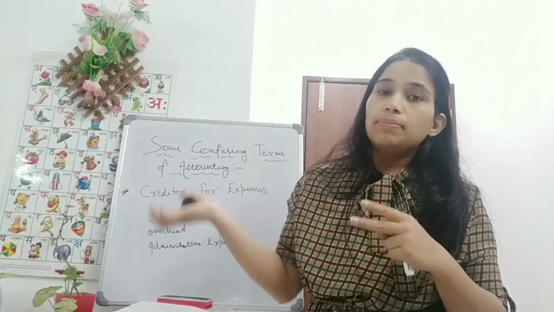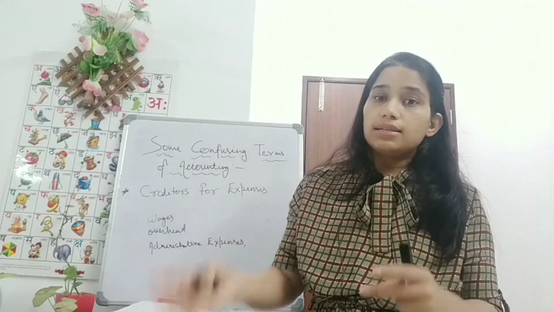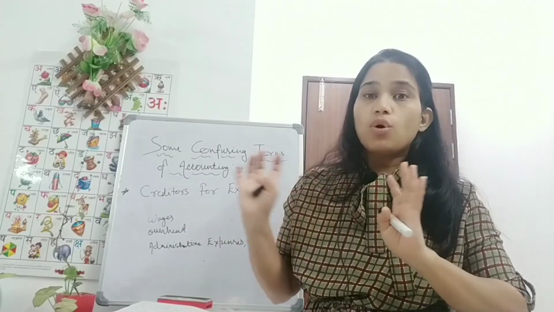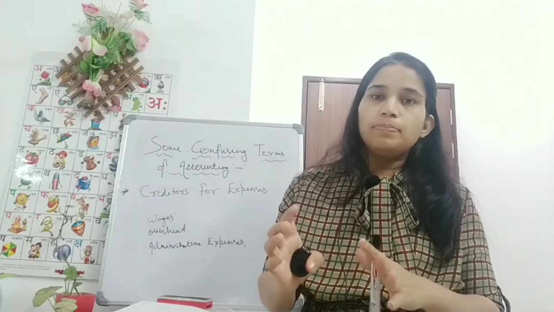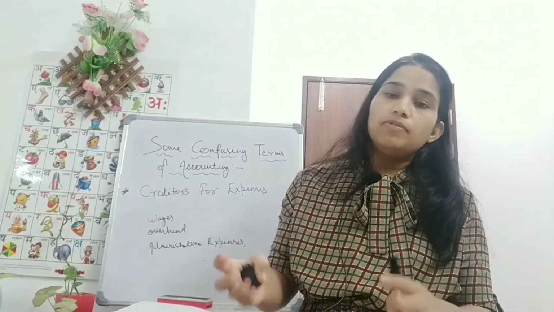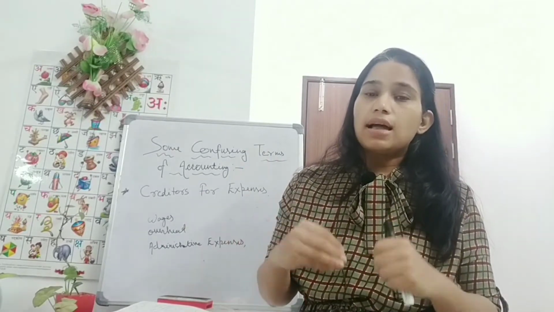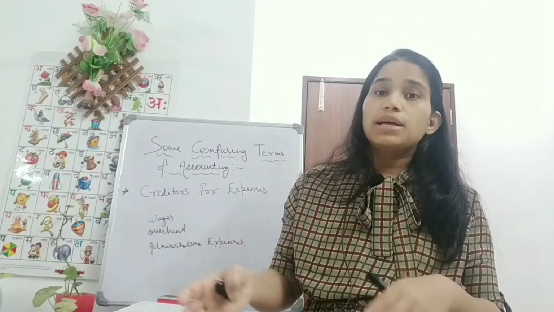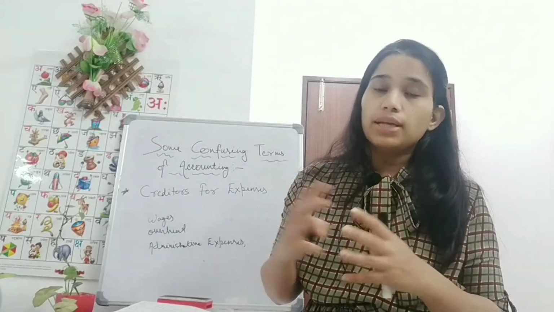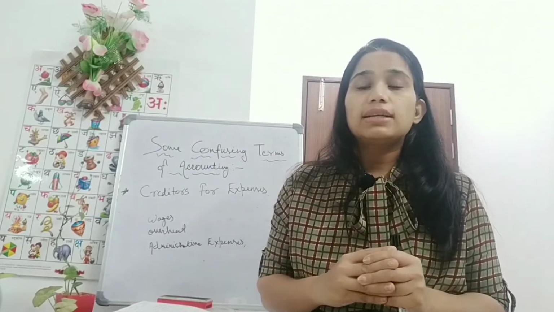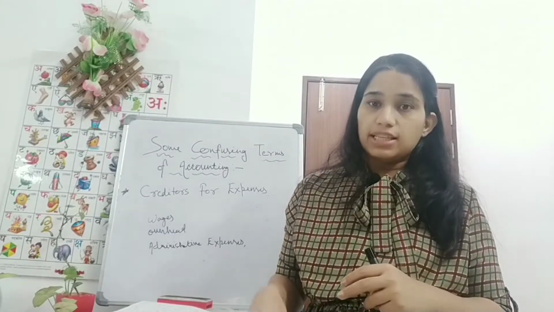So the people who are providing us their services for all these things, we can call them service suppliers. So if we did not make them payment, and the payment is pending to them, outstanding to them, or we can say accrued to them, we call that creditors for expenses.